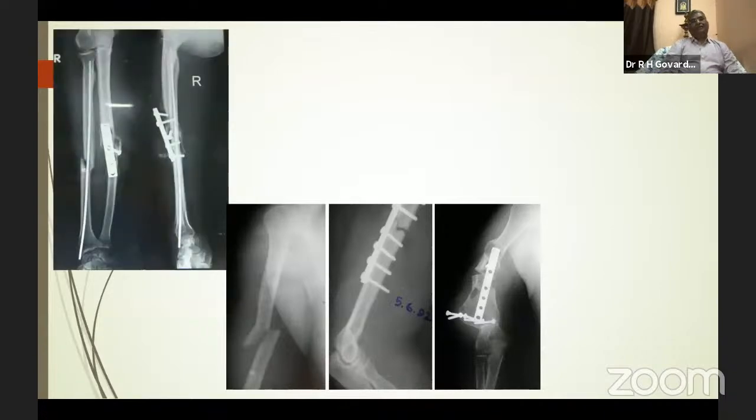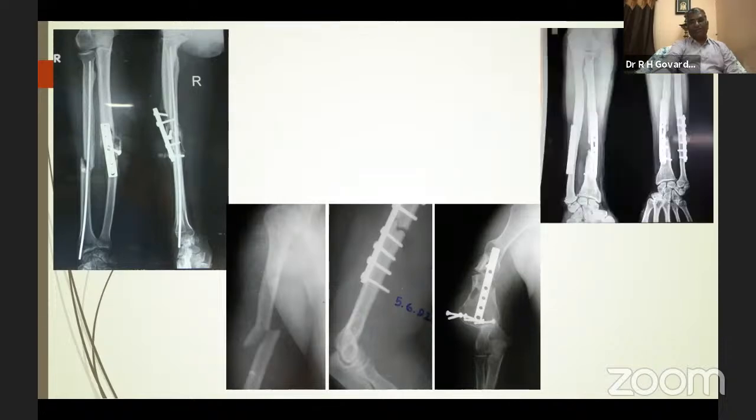Here is an example where the radius has been fixed with a distraction, which has caused non-union. The ulna has been fixed with just 5 screws with a plate, which is an inadequate fixation, which has gone on to a non-union at the site. This is a very interesting case where the surgeon was confronting a stage where there was a gap in the radius.